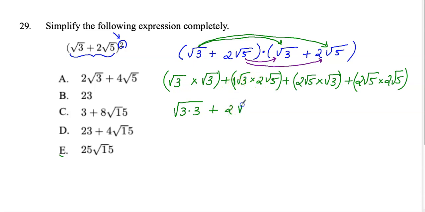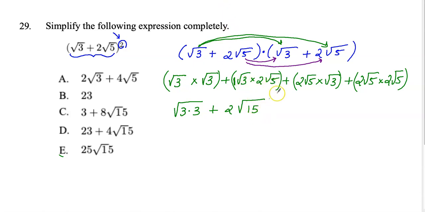And then I'm going to write one big square root sign and multiply the 3 and the 5. 3 times 5 is 15. I'll put that inside here. Now the reason I can do that is because this 3 and this 5 are both inside the square roots. So I can write one big square root and multiply the 3 and the 5. And 3 times 5 is 15.